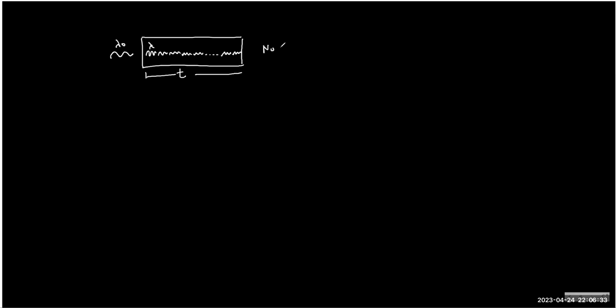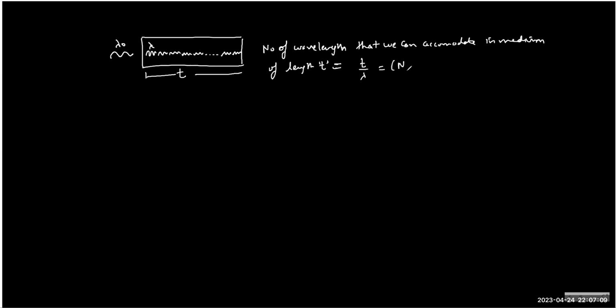The number of wavelengths that we can accommodate in a medium of length t is how much? t by lambda, correct? So this is the count. Let's call this count n.